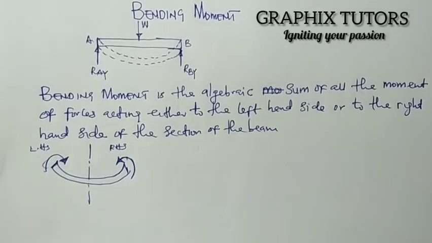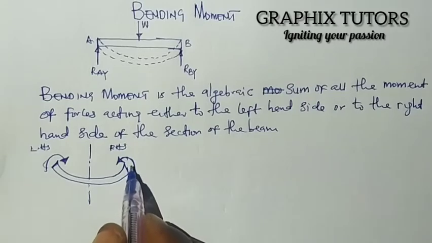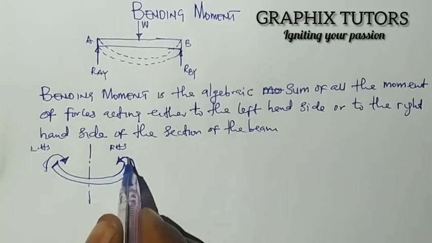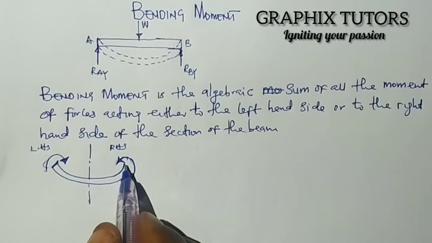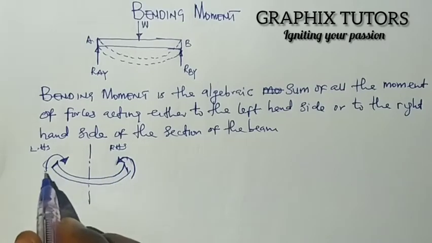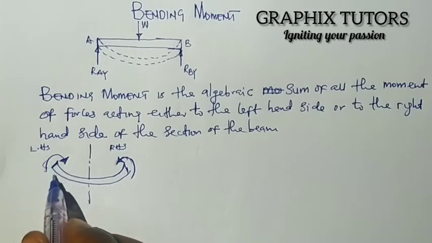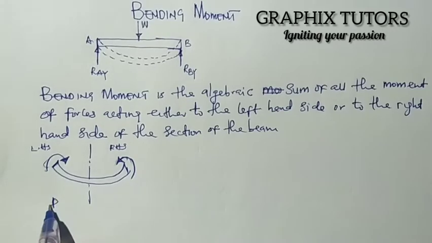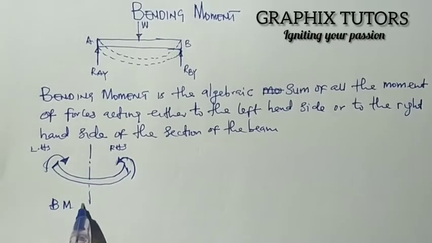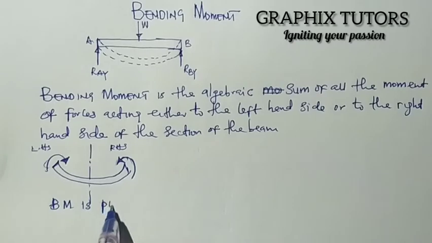Right? Now when the beam is clockwise at the left hand side, or anti-clockwise at the right hand side, you say that the bending moment is positive.